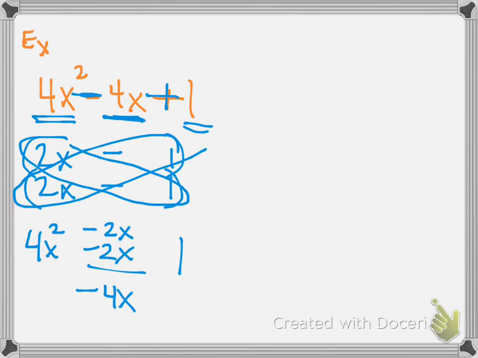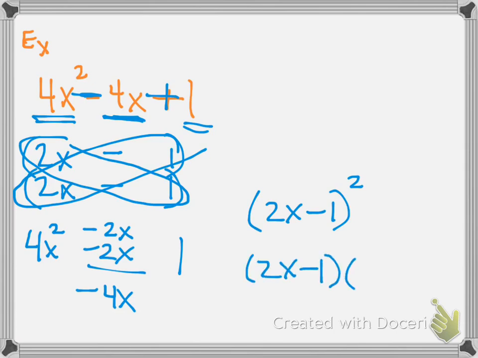So that's how I know I'm correct. Here's how you write the answer. 2x minus 1 squared. This pattern is called perfect square trinomials because 2x minus 1 is a perfect square. All right, that's it.